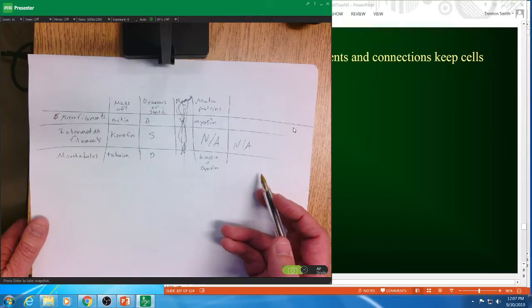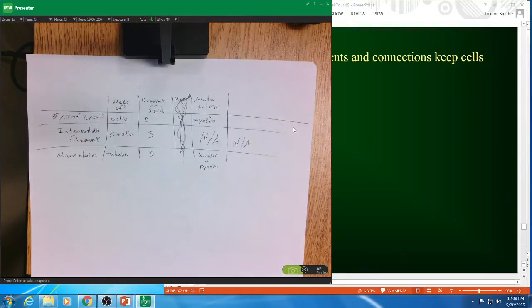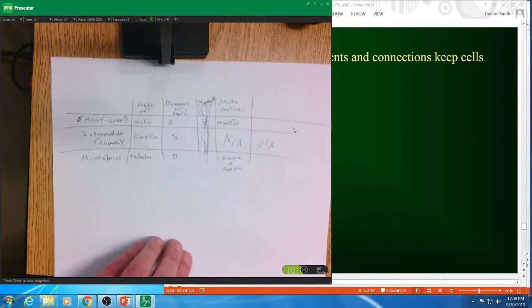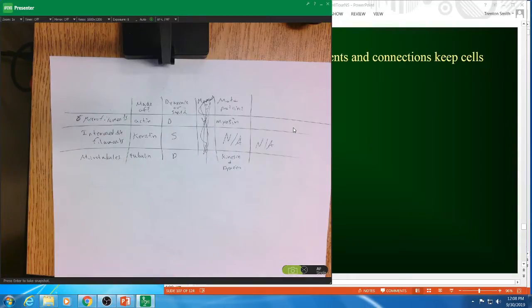I'm not going to do that, but if you like the table, there you go. That might help. It's kind of sloppy, but I was hoping you'd pay attention as I was writing along.